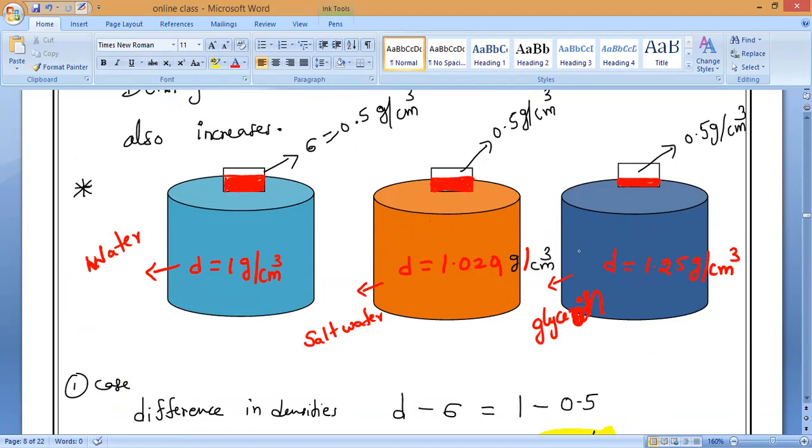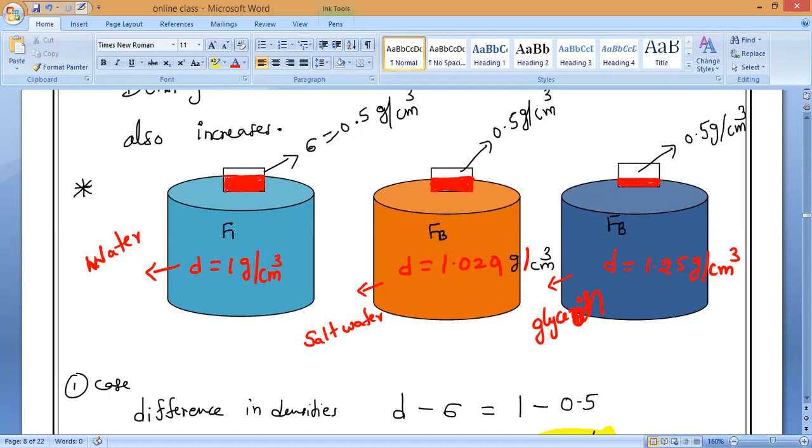So now, with 3 different substances, the same object is floating in all the cases, but the immersed portion is more here, a little less here, and even less here. Now where is the buoyancy force greater? Glycerin. Here the buoyancy force is greater. Here the buoyancy force is next.